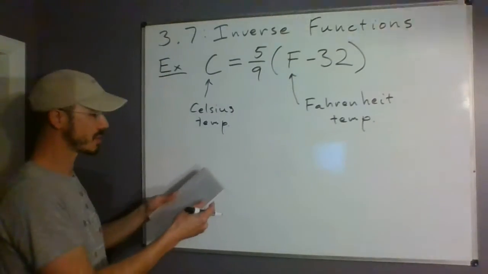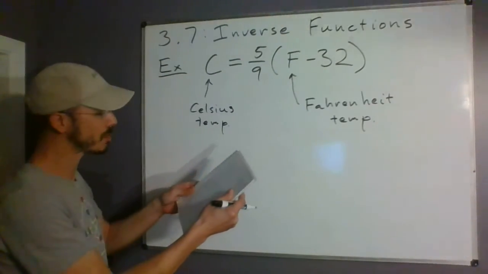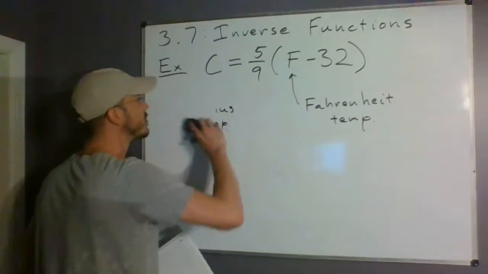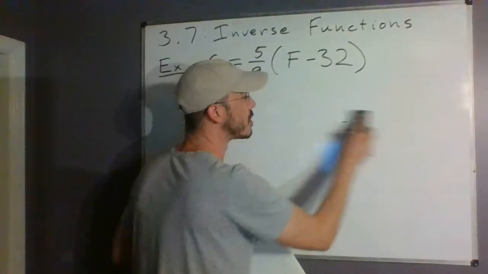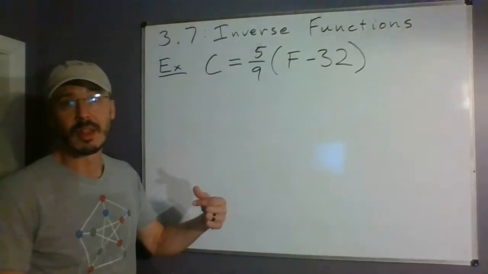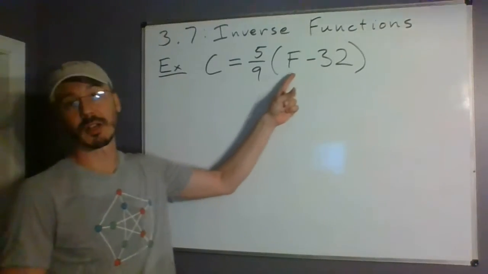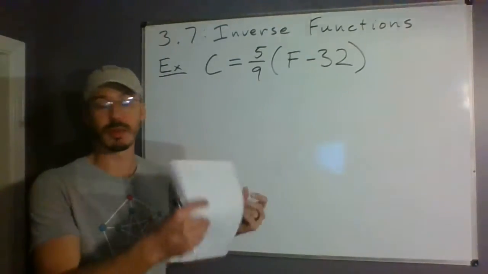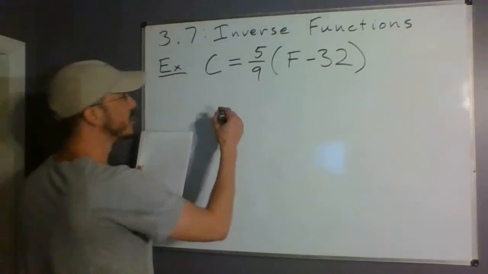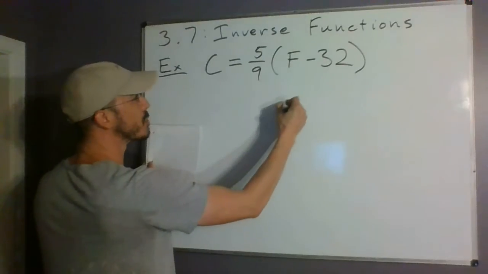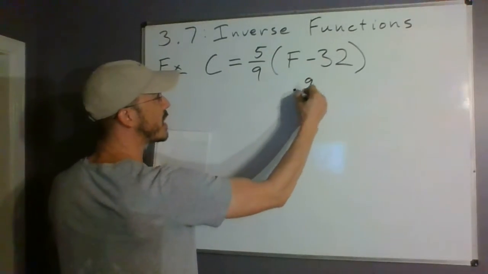This is an inverse function relationship, and I want to show you how we can use this formula to get a new formula that will give me the Fahrenheit temperature if I know what the Celsius is. So it's the reverse formula of this. What I want to do is solve for F. So the first thing I'm going to do is multiply on both sides by 9/5.